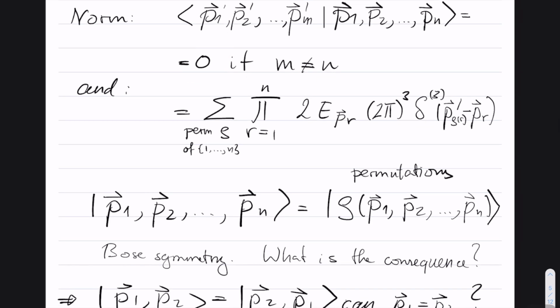Otherwise, if n and m are equal, we will have the norm being the sum of delta functions, as we saw in the two-particle case, with permutations. We will have a product of delta functions that is summed over with all possible permutations.